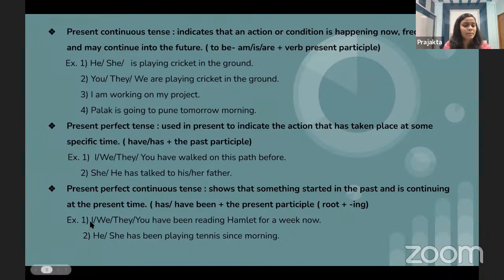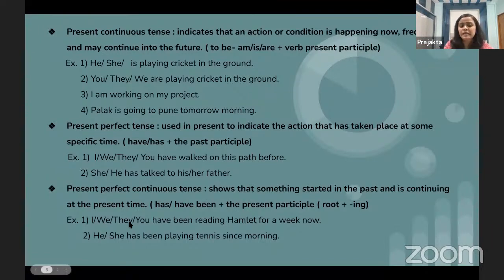Okay, see the example. I, we, they, you. I have used different pronouns here. Okay, so because have been is used with these pronouns.